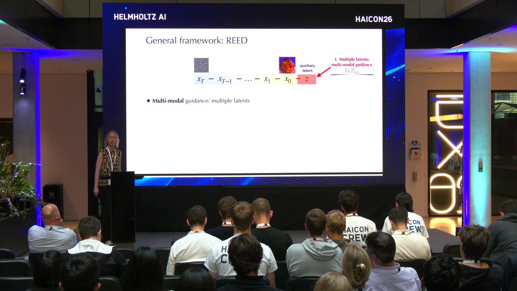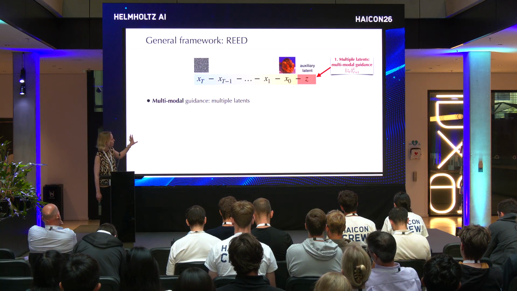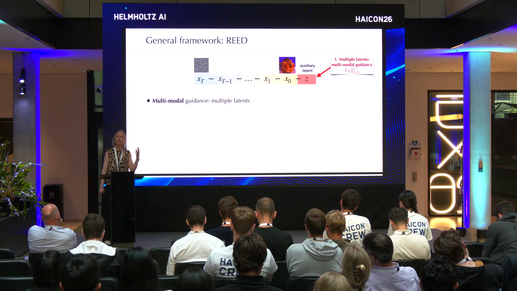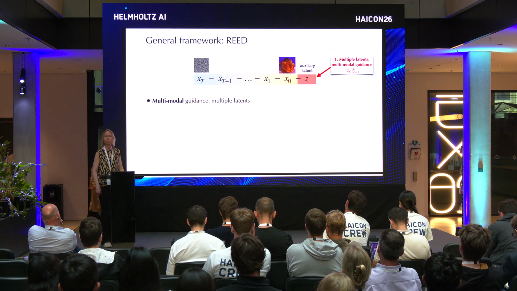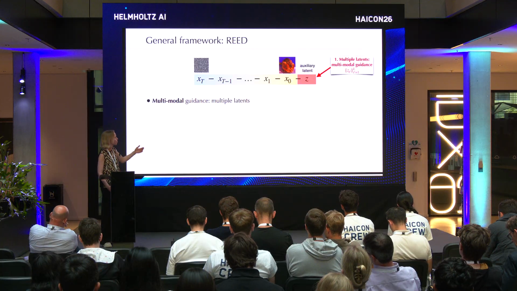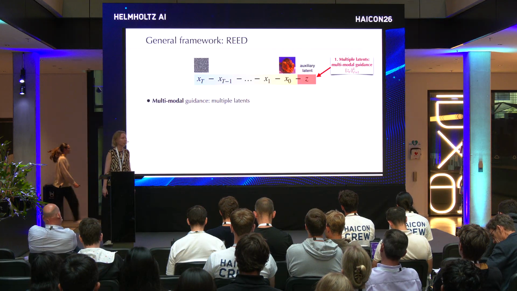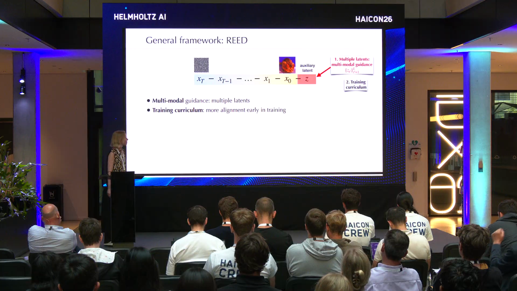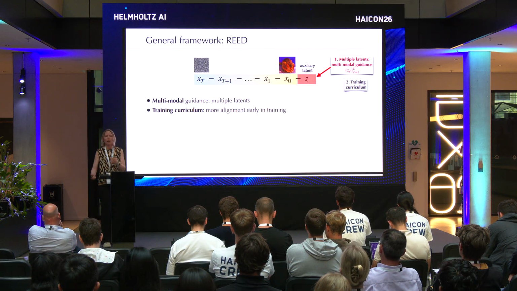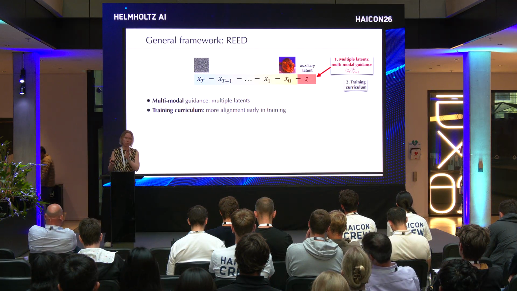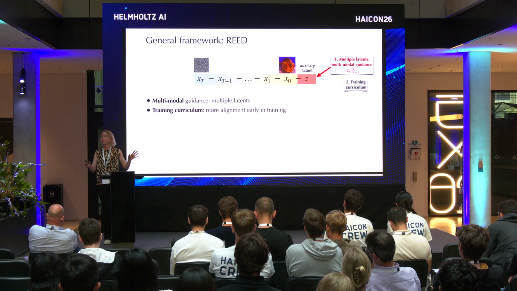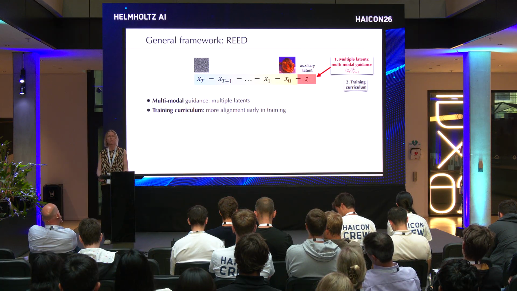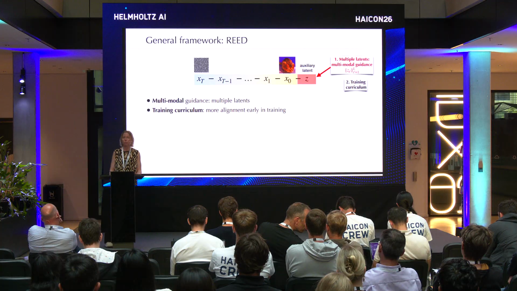So the first thing we did was generalizing this idea: instead of having one latent representation, like just this image representation, you can have multiple representations from different modalities. Another thing you have to think about is how you want to steer it. The representation guidance is actually most useful in the early stages of training, and later maybe you want to let it go a bit more freely and optimize its representations for the actual generative task.